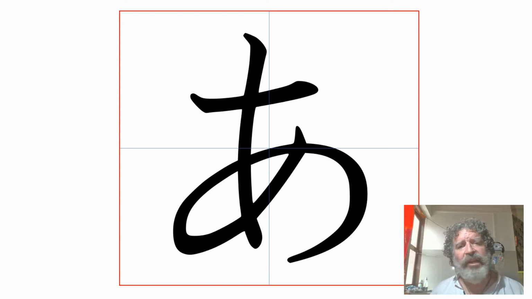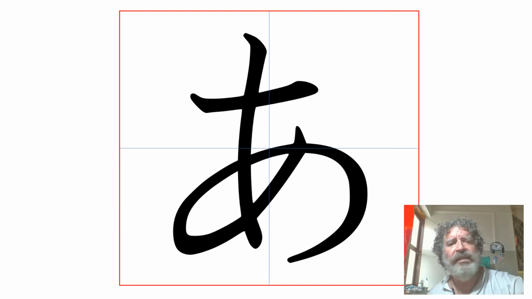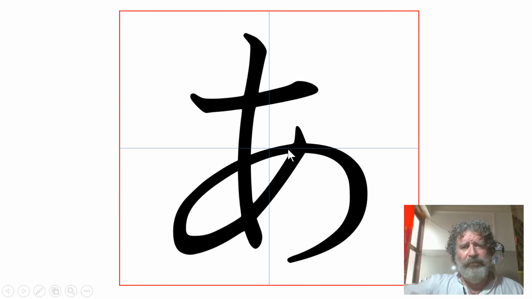The reason that we have the quadrants there is just to show you that the first stroke is a rather short stroke, and more of the stroke is to the left than to the right, because the third stroke is going to be a nice big stroke that really makes up most of the character. It really squares out the character. It proportions the character nicely. So you need to practice making this nice and big and rounded. Like this, nice big rounded.